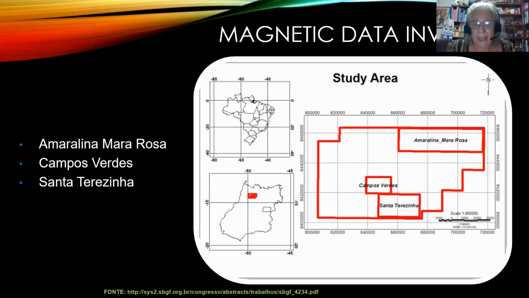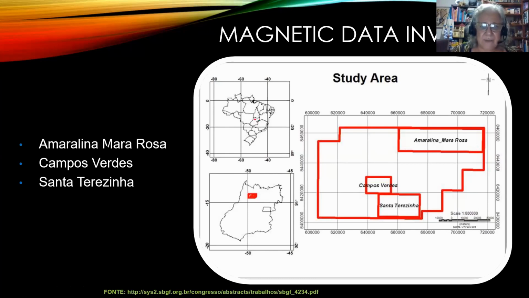Nowadays inversion is accessible. You have the power to do this. You have the software. So although all the theory has been known for many years, now it's really when you have this availability of applying inversion to your data.